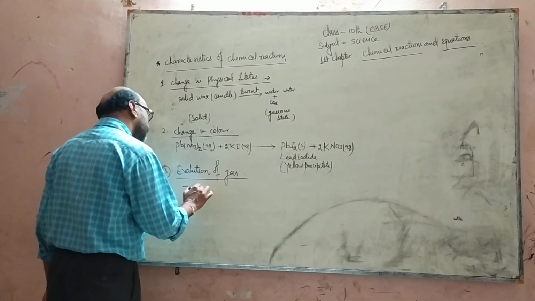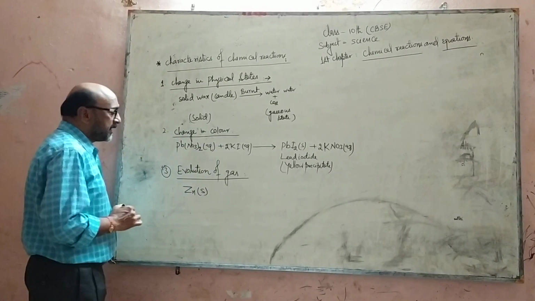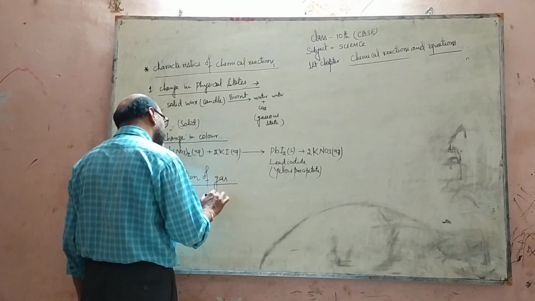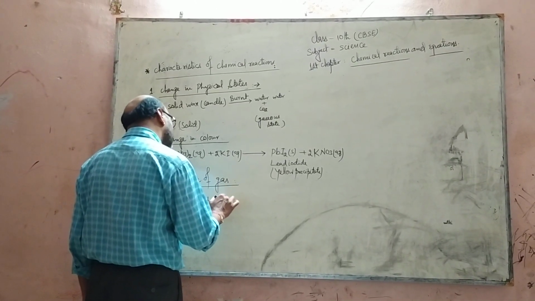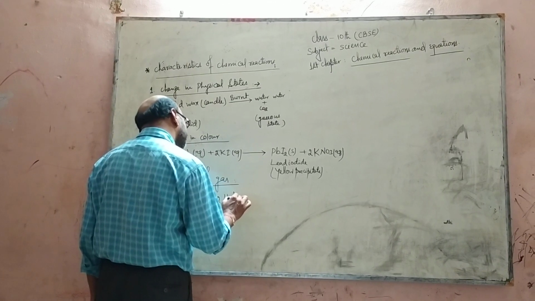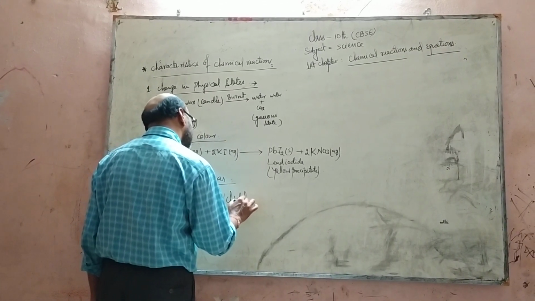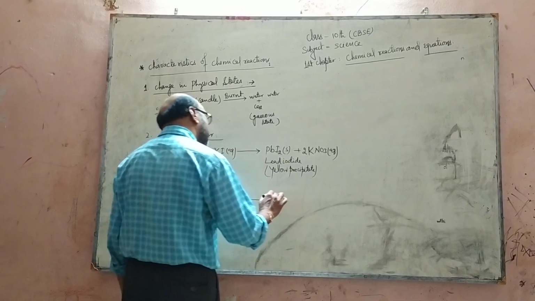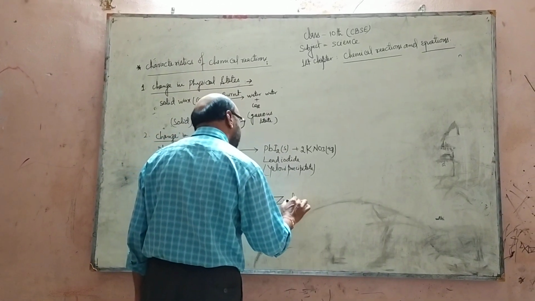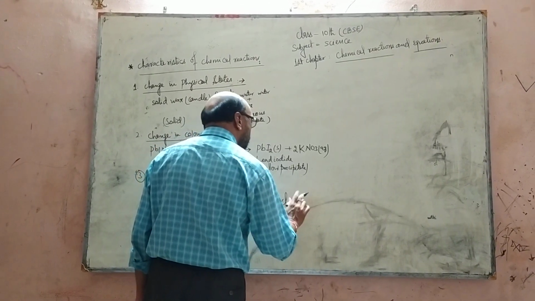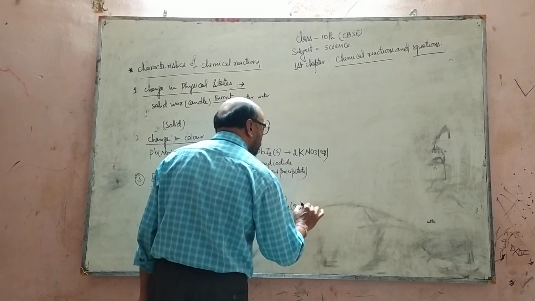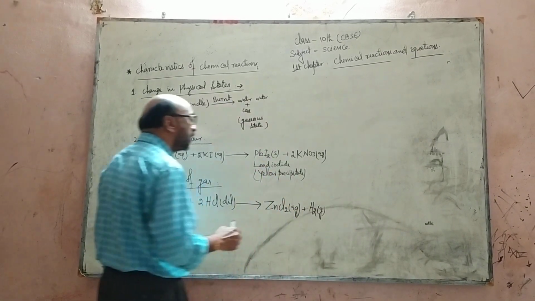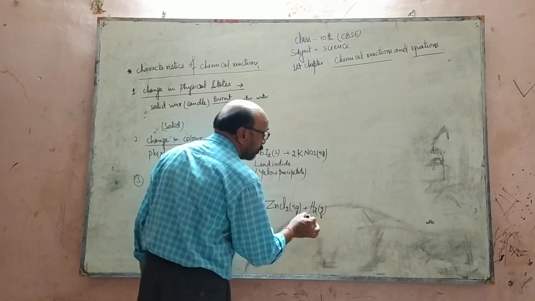As we take zinc metal and allow it to react with dilute hydrochloric acid, it forms zinc chloride and hydrogen gas is evolved.